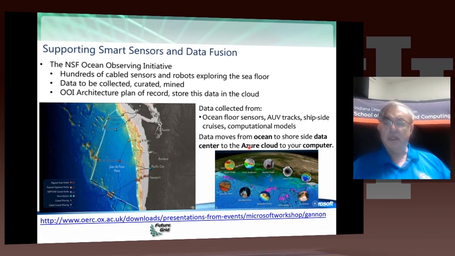So this is typical of many related applications of this type, because you don't just have sensors in the oceans, you have sensors in the forest, you have sensors in your cars, you have sensors in your homes, you have sensors in you, and all of those are going to go up into the cloud and get analyzed.